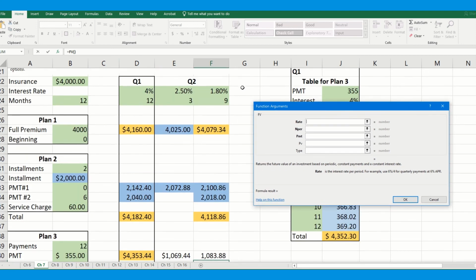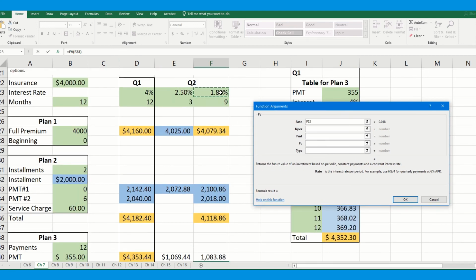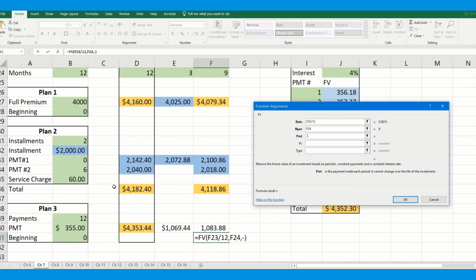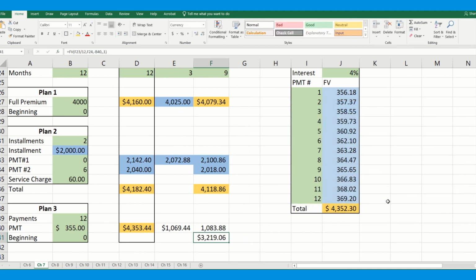And I know my rate is 1.8%. It's going to be monthly, so I'll divide that by 12. The number of payments I have left is 9 payments. And I have a negative, and I'll put my payments in there. And then it is a type 1 because it's at the beginning of the period.